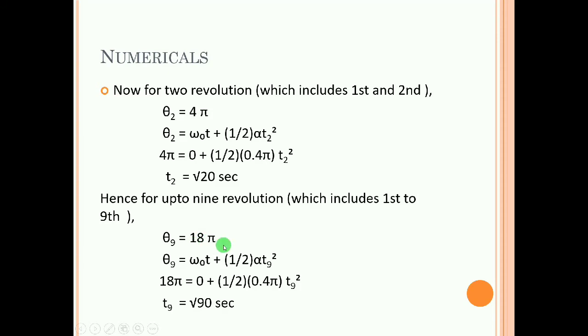Again writing the equation, theta 9 equals omega 0 t plus 1 by 2 alpha t9 square. We are calculating t9 now, theta 9 will be 18 pi, the first term will again be 0, 1 by 2 as it is, alpha will be 0.4 pi, t9 square as it is. Then you solve the equation, cancel pi, and solve the numbers. So we are getting t9 equal to square root of 90, right?